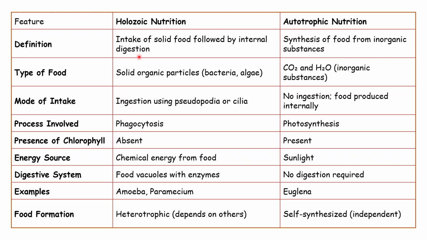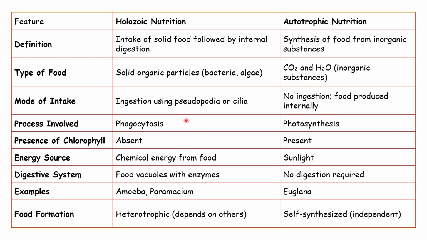On the other hand, holozoic nutrition depends on others for food, and it includes solid organic particles. In autotrophic nutrition, the raw materials required are inorganic substances, which are converted into chemical energy. So this is a comparison chart of the requirements.